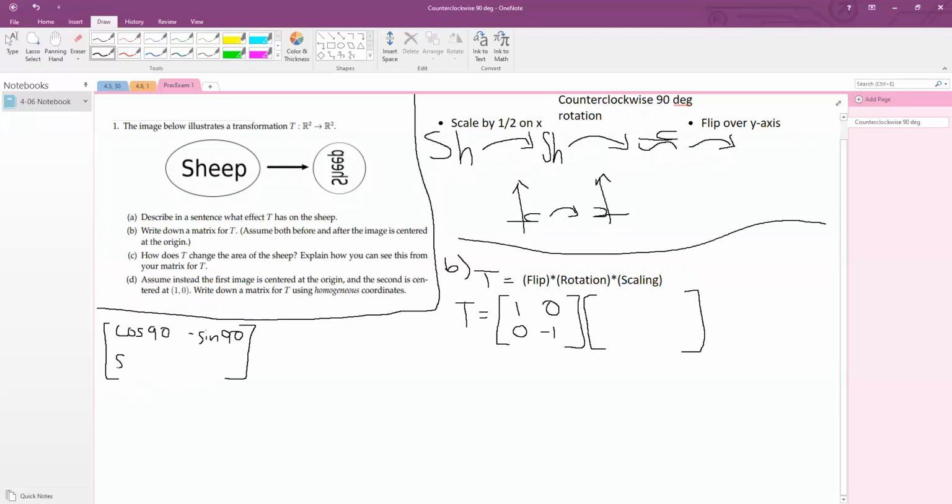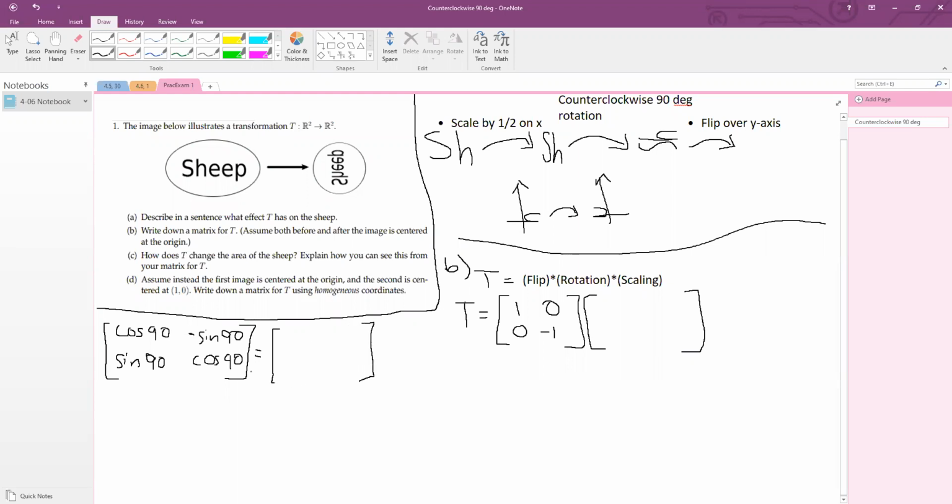The sine of 90, and the cosine of 90. I definitely recommend putting this in your formula sheet if you don't think you have it memorized, because it's a good one to know for basically any time a rotation comes up.